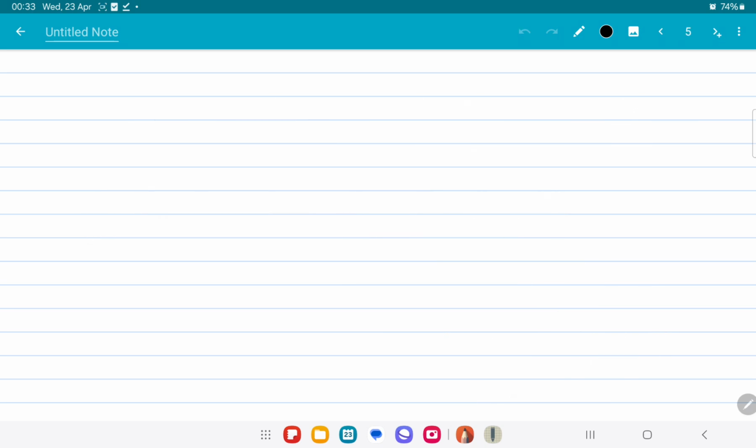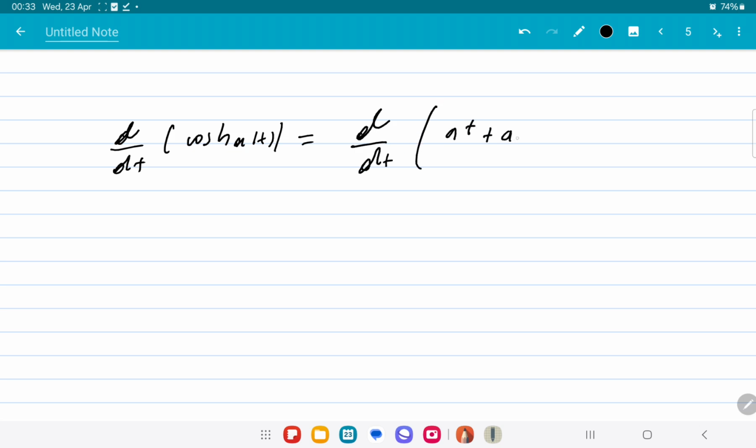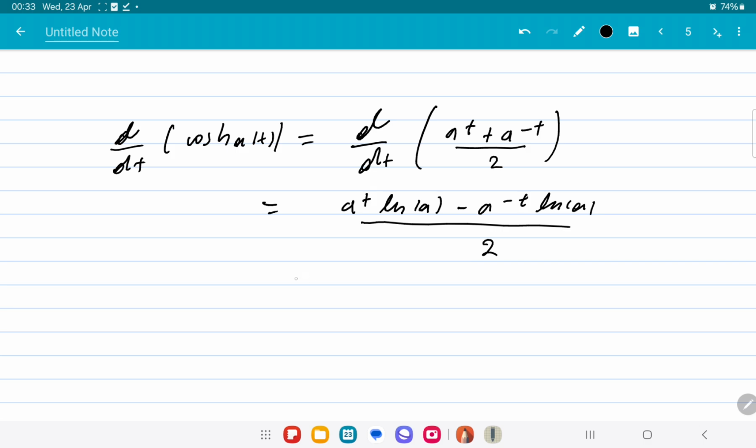Now if I want to take the derivative of the cos hyperbolic function of a t, that's taking the derivative of a to the power of t plus a to the power of minus t divided by 2, and that is going to give me a to the power of t ln a minus a to the minus t ln a divided by 2.